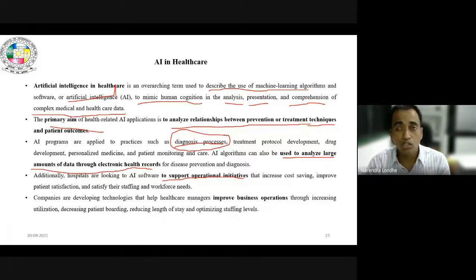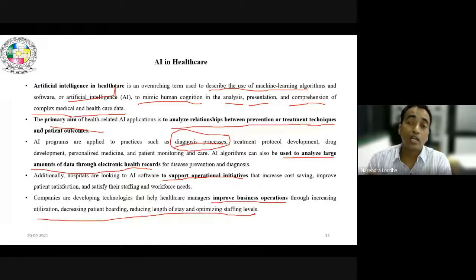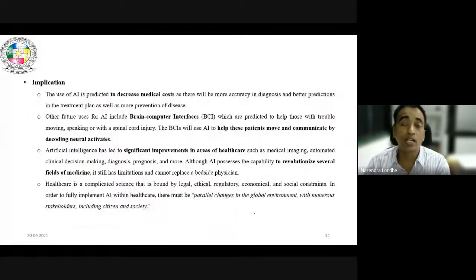The doctor just gives instructions, and the robot automatically performs the operation. It is also able to improve business operations, like increasing utilization, decreasing patient boarding, reducing the length of stay, and optimizing staffing levels. In all these areas of healthcare, AI is playing a very critical role.